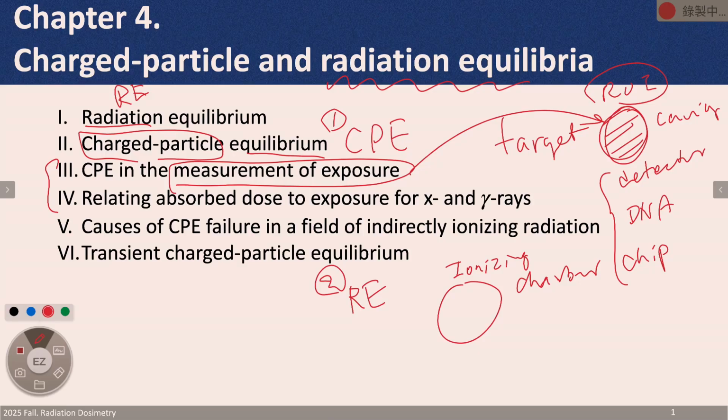Please discuss with your classmates what an ionization chamber is for measuring exposure. Just recall what you learned previously and summarize how to measure exposure using an ionization chamber. I give you 1 minute, please go ahead.